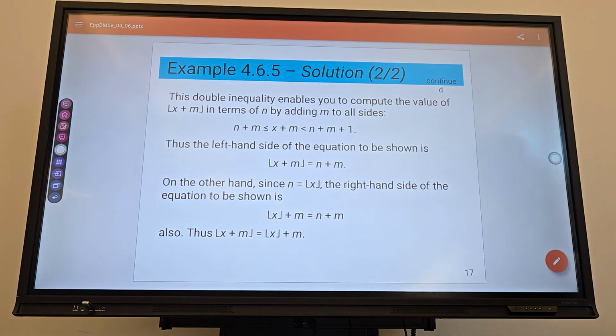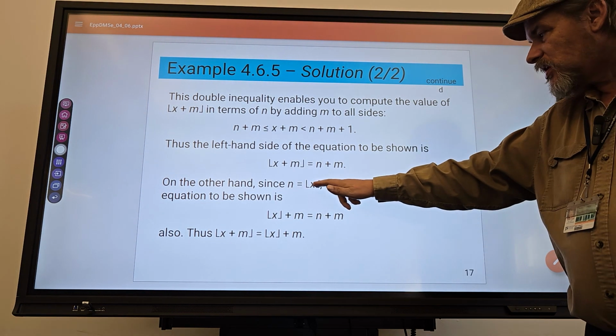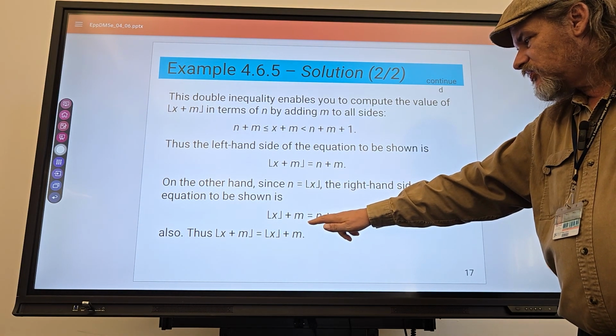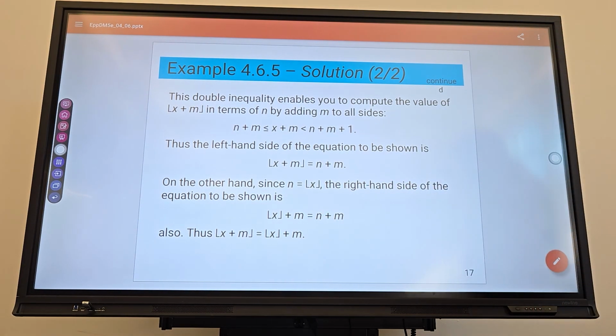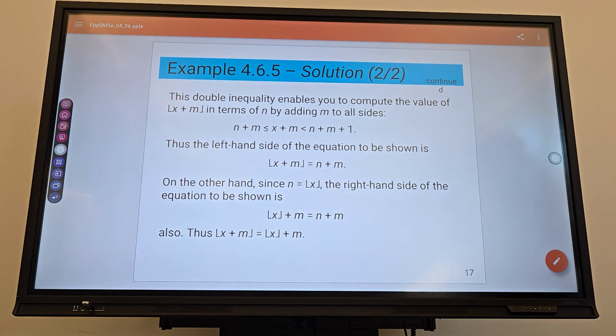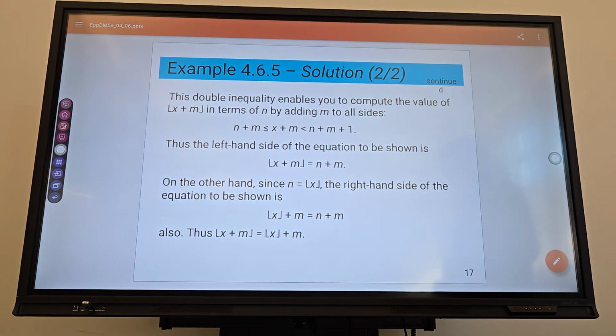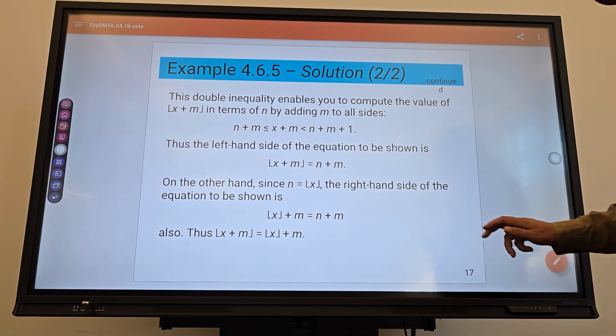On the other hand, n equals floor of x. The right side of the equation to be shown, the floor of x plus m, equals n plus m by substitution. Thus also, the floor of x plus m equals the floor of x plus m.